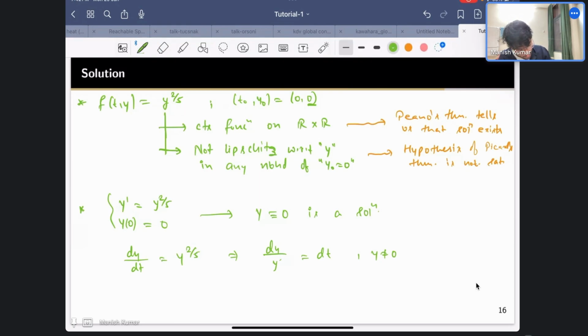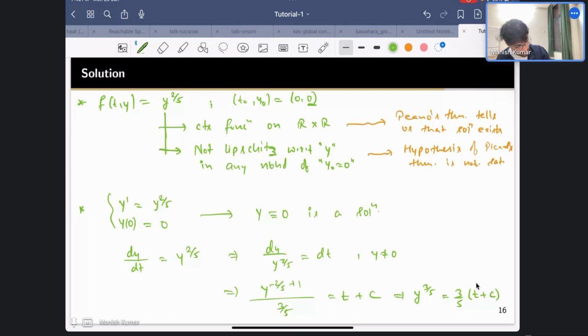Now again, if you integrate, what you get is y raised to the power minus 2 by 5 plus 1, divided by 3 by 5, equals t plus c. So from here you get y raised to 3 by 5 equal to 3 by 5 times t plus c.